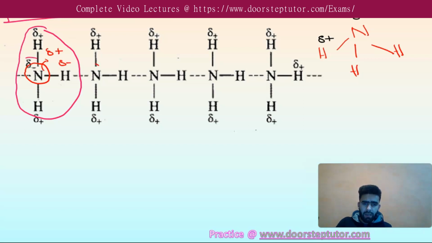Now here comes another ammonia molecule. Here too, this nitrogen will have delta negative charge, and this hydrogen will have delta positive charge.